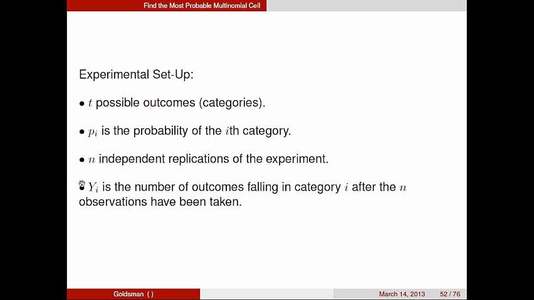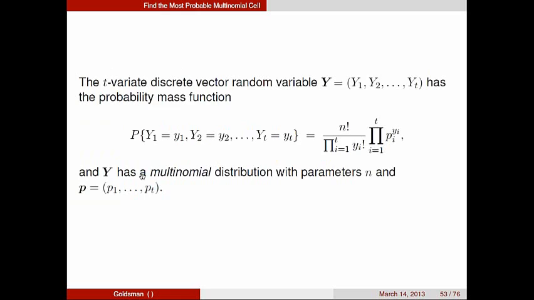So y sub i might be the number of times that, let's say, I chose Obama after I asked 1,000 people. I'm just making that up. There's no political thing intended there. So it turns out that the vector y1, y2, ..., yT, so this is how many people chose Obama, how many people chose Romney, how many people chose another candidate after a certain number of observations.